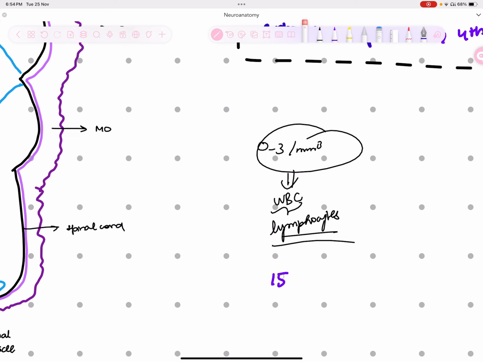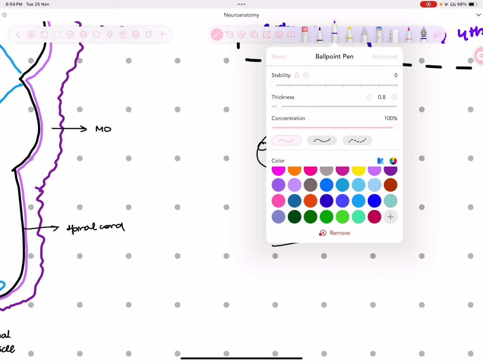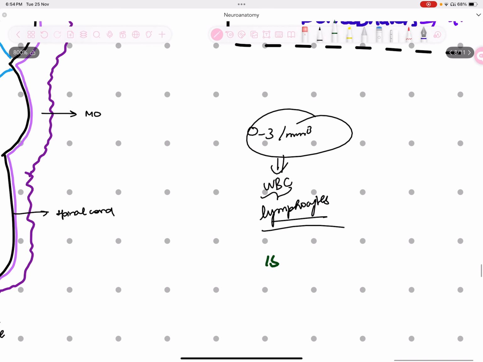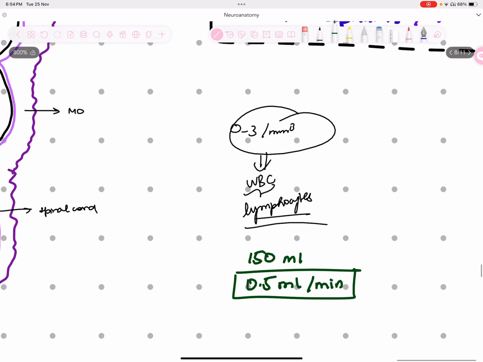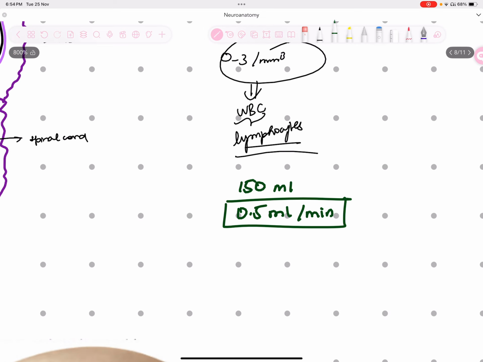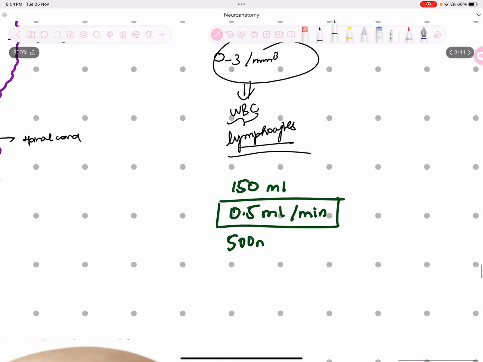And 0.5 ml is produced per minute. And how much is produced per day? If you calculate, you'll figure out that 500 ml, almost half a liter, is produced per day, per 24 hours.